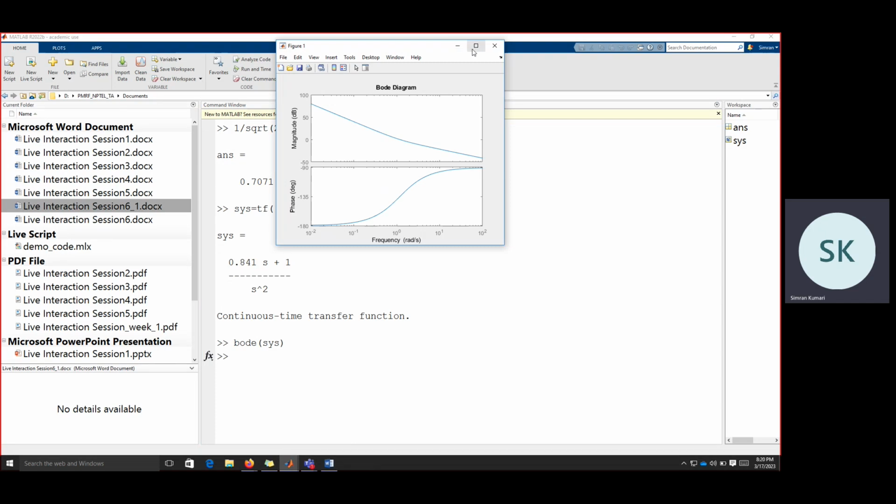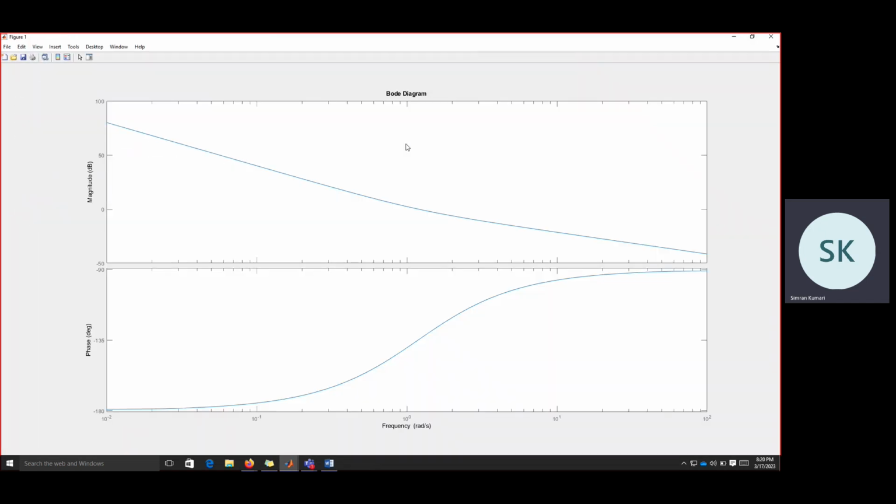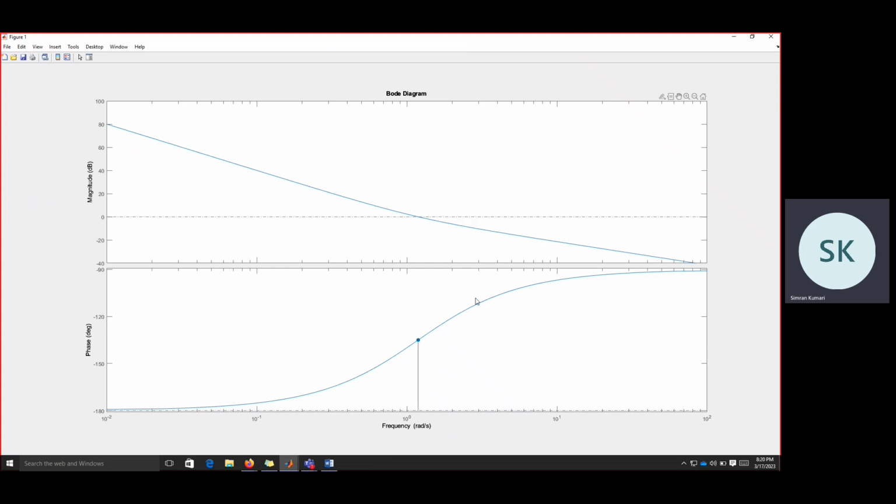Okay. So this is the Bode plot for this open loop transfer function, and we have to find the stability margins. At this point, if you see, this is the 0 dB line, meaning gain is equal to 1. So 20 log 1 is 0 dB, since log 1 is 0.